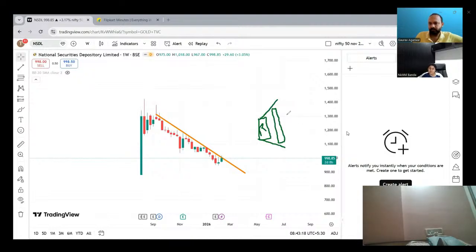Okay, and you have to wait for the next candle to close above that trend line, or you just buy one? Yes. Okay, so when it forms, you wait for it to close, right?